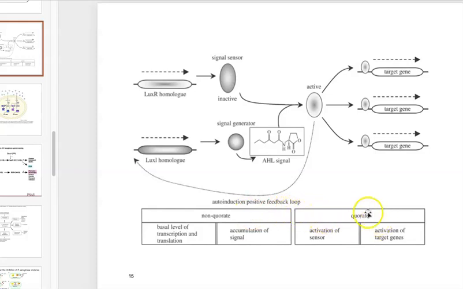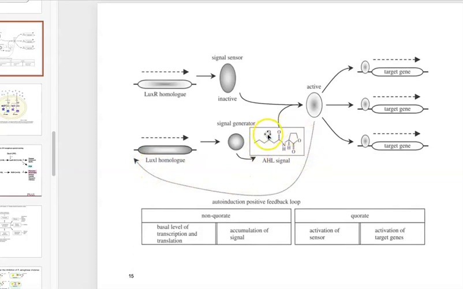Then they transition to a quorate type system where their cell density is high and the amount of acyl homoserine lactone autoinducers in the environment is high. And that can start activating sensors and in turn activating targets. So typically these microbes have some kind of LuxR type homolog and a LuxI type homolog. And so the LuxI is the synthase that makes this molecule.